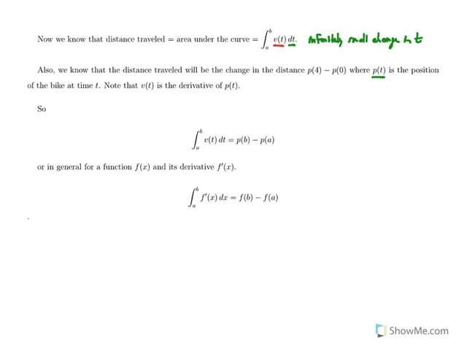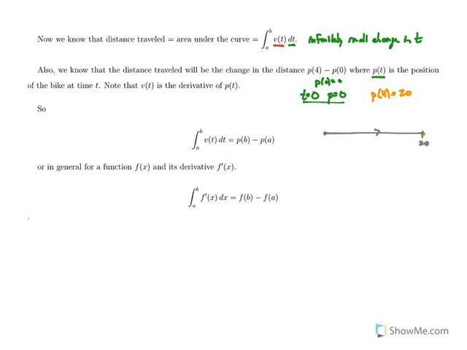So if we know that at t equals 0, let's say p of 0 is 0, and then at t equals 4, we have, say, 20, then we know in total we've gone 20 units. Now, in that time, we may have gone back and forth at different times, and we may not have gone the same speed the whole time, but we know that that's going to be the distance traveled.